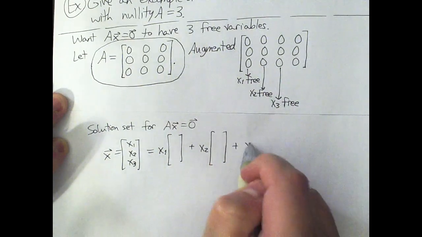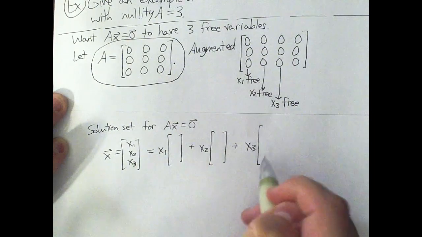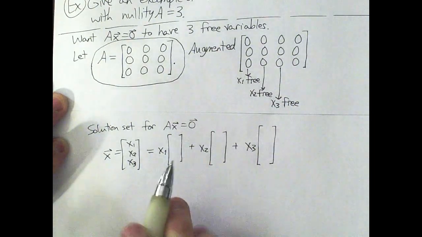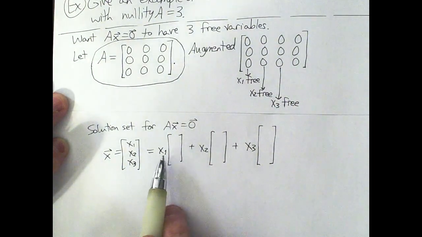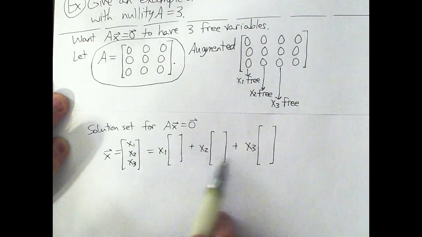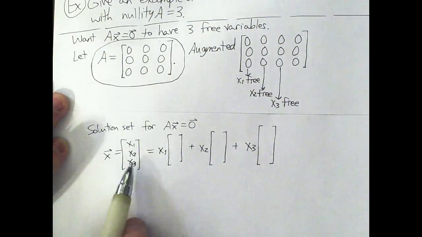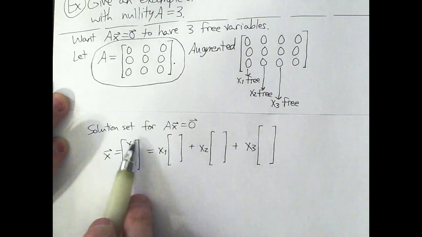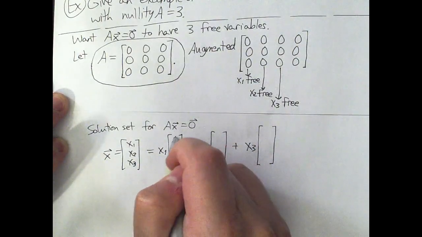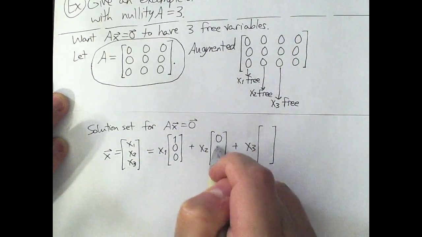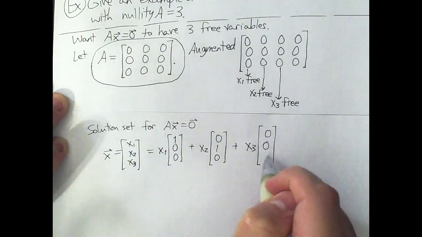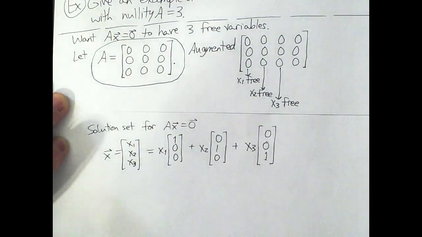There's 3 free variables. I think that's the most we've ever seen in a problem. So how do we write this? What goes in here? Well, in order to make this add up to x1, x2, x3, you would use 1, 0, 0, 0, 1, 0, 0, 0, 1. Okay? That's parametric vector form.